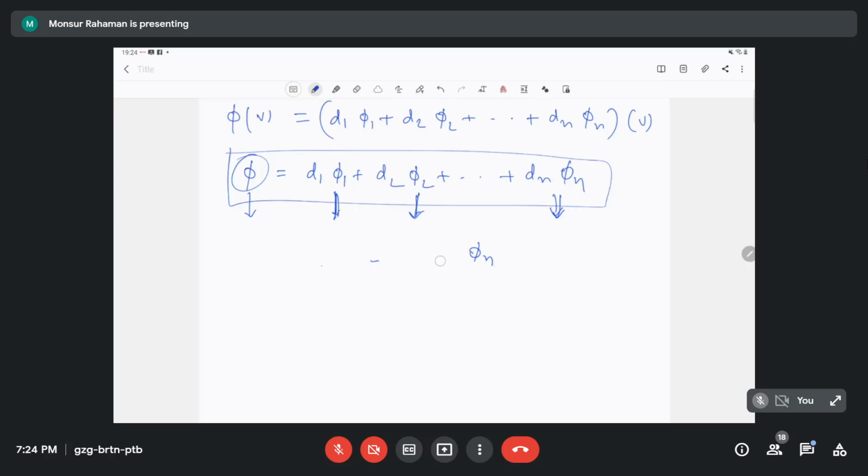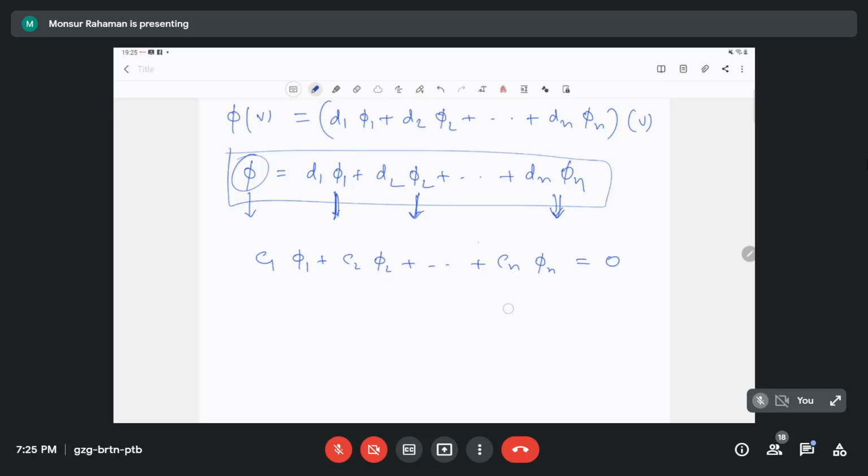Simply say, for linear independence, you have to satisfy this equation: c1 phi 1 plus c2 phi 2 plus dot dot dot cn phi n equals 0, and this will be only 0 when c1, c2 and cn are equal to 0. This is the simple definition of being linearly independent.